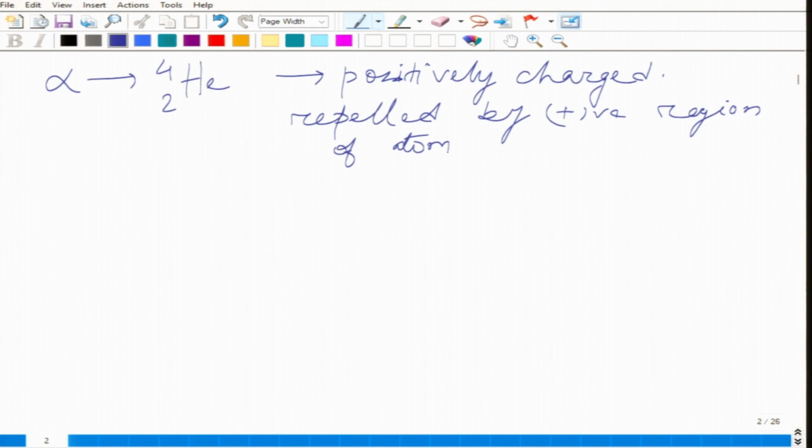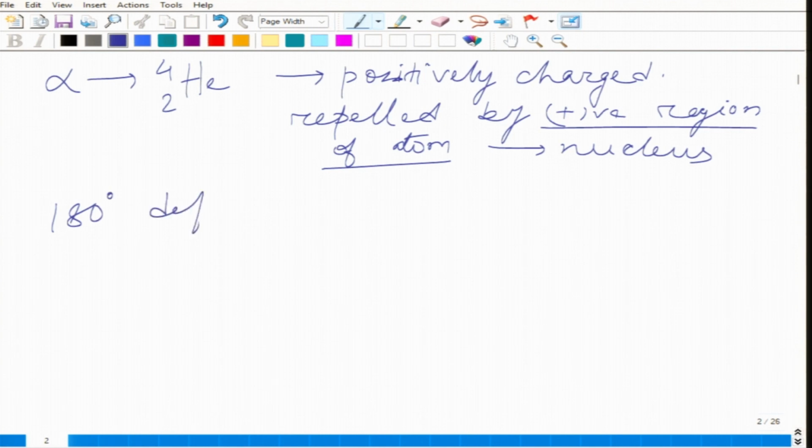From this the conclusion was drawn that there is a positively charged region in an atom called the nucleus, and the 180-degree deflection was due to a direct collision or direct approach to the nucleus.